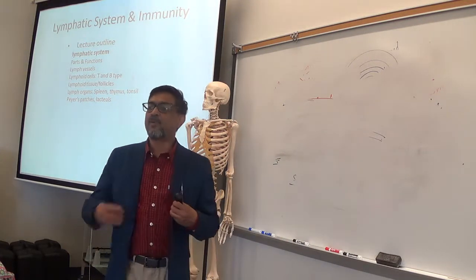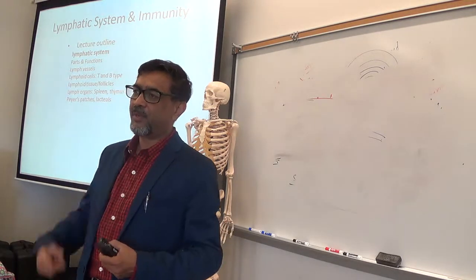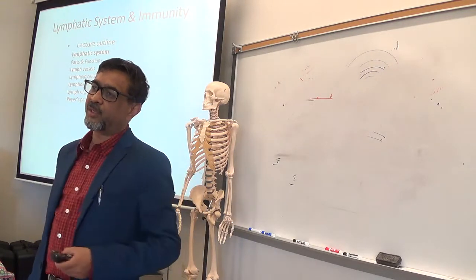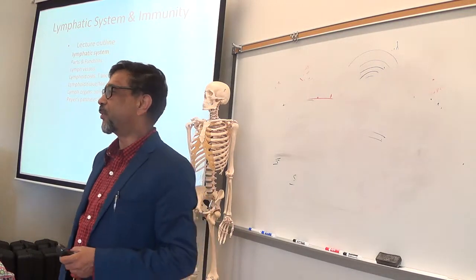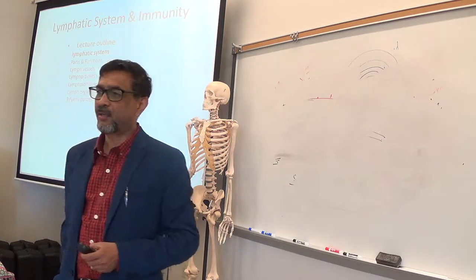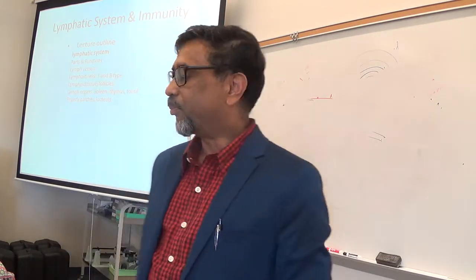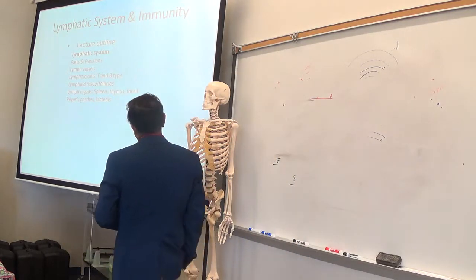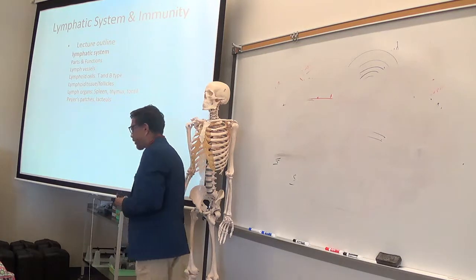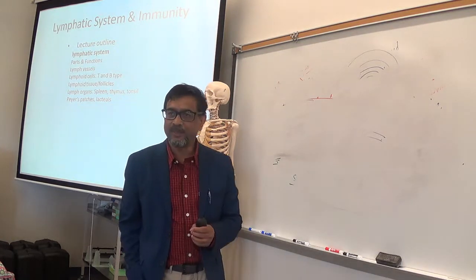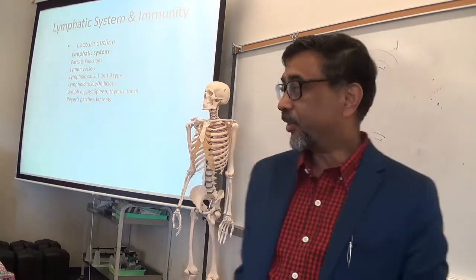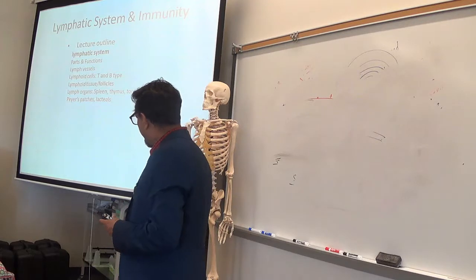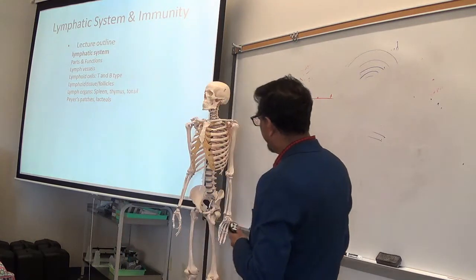You have a number of lymph organs in the body, filled with follicles where T cells, B cells and other components are present heavily. Then we'll talk about the lymph organs, spleen, tonsils, thymus. Then we'll talk about a couple other structures, Peyer's patches and lacteals.